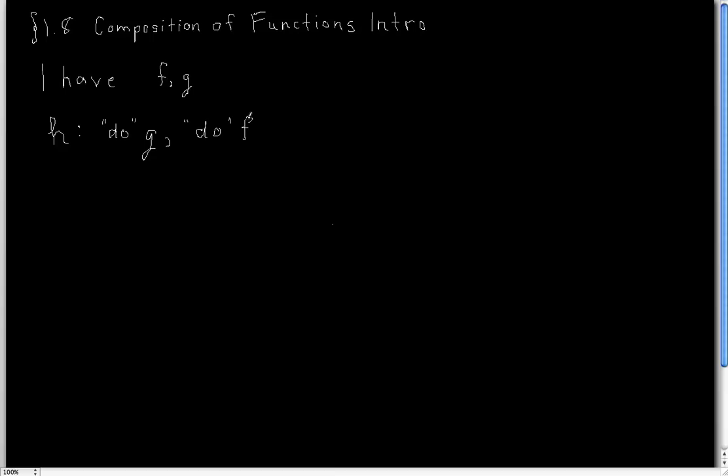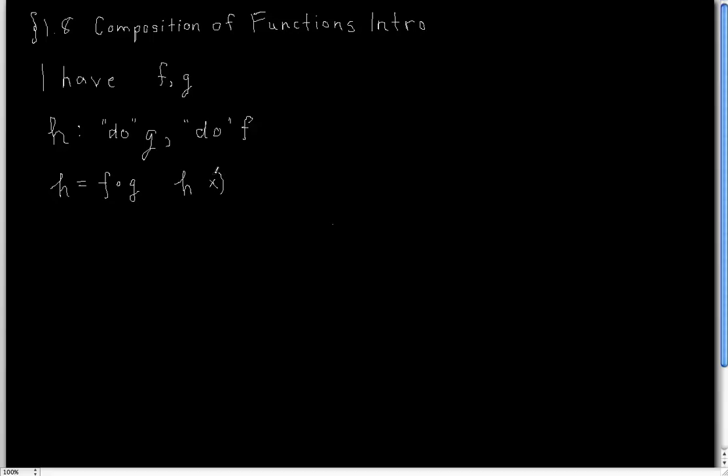And so how would I write that? There's a specific way in math of writing this, and the way we write this is h has a name, and its name is f circle g. It's written like this, f circle g. Just like before, I have to be really specific to tell you exactly what h does to a number. So what is h of x?